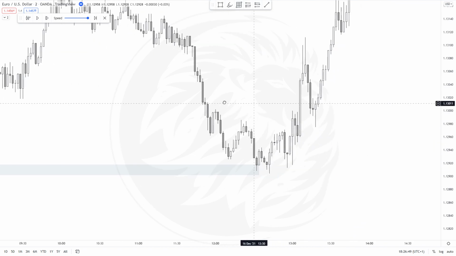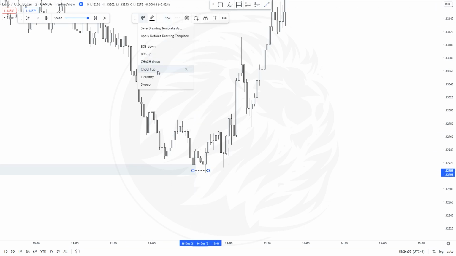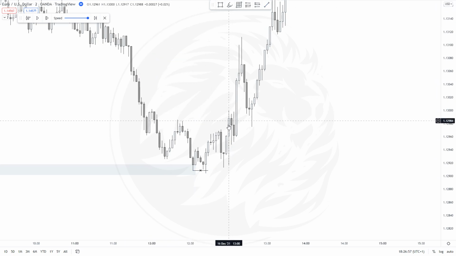So for example, here we have a sweep. Just here we have a sweep of liquidity. And this sweep of liquidity creates a new level in 1 minute.